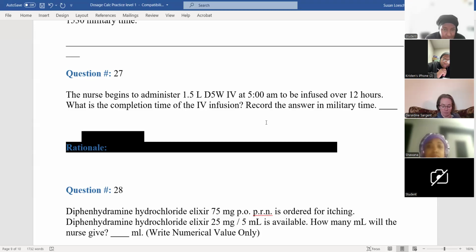Remember, you have to add 12 to the main number. So 5 p.m. plus 12 is what? 17. And so your answer is going to be 1700.